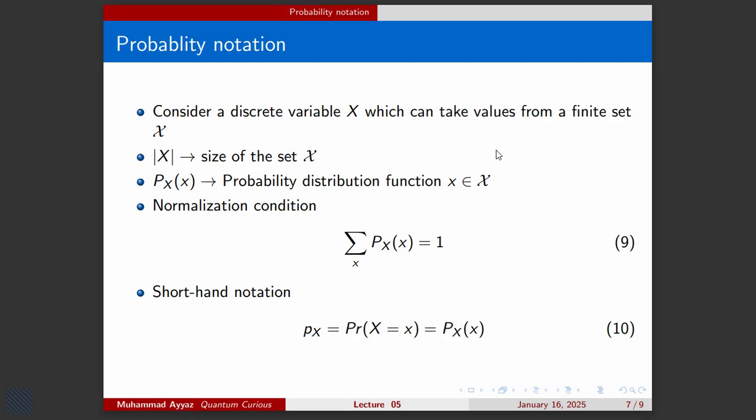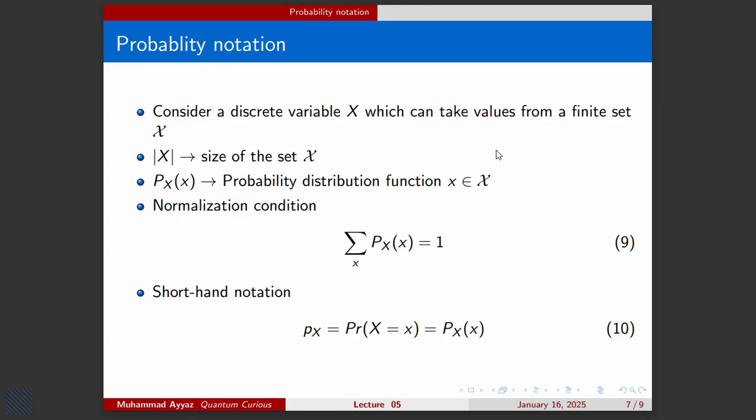The number of values in the finite set curly X is represented as the mod of the capital X. And the probability of taking any value from this finite set X is represented by the probability distribution function, and we denote it as p with subscript X, and the argument has a small x in it.